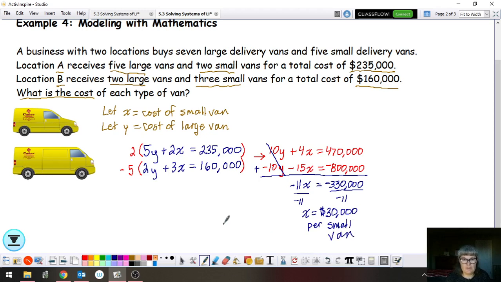Now we need to find the cost of a large van. So I'm going to go ahead and use the second equation to help us find the cost of a large van, just because the numbers are smaller. So 2y plus 3 times 30,000 equals 160,000. So 2y plus 90,000 equals 160,000.